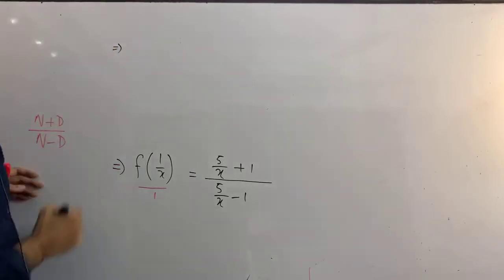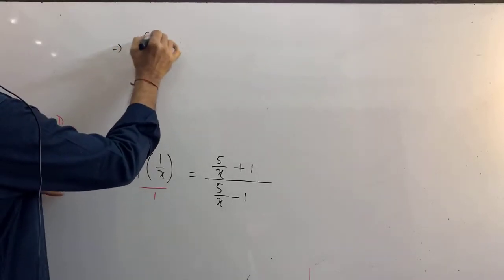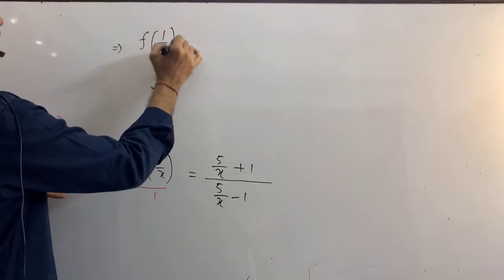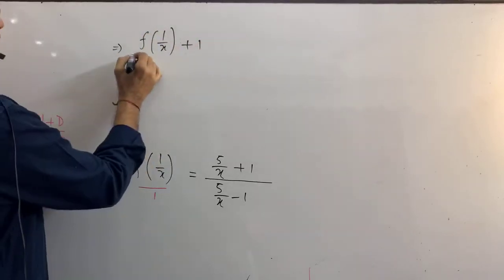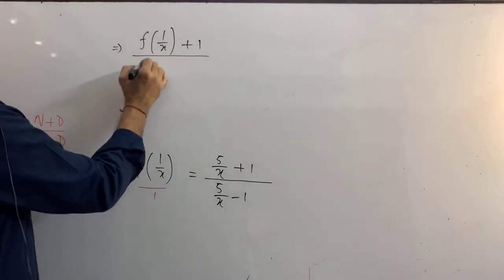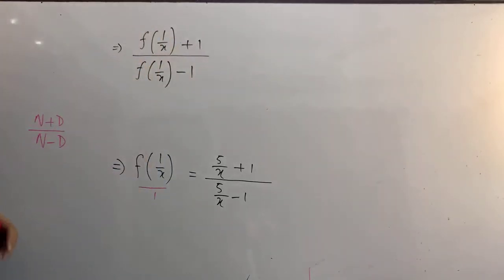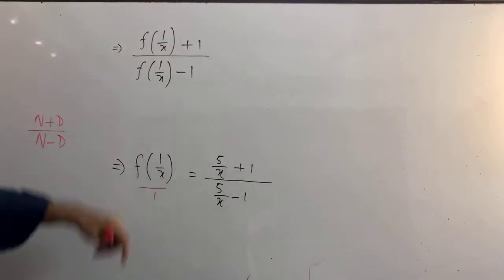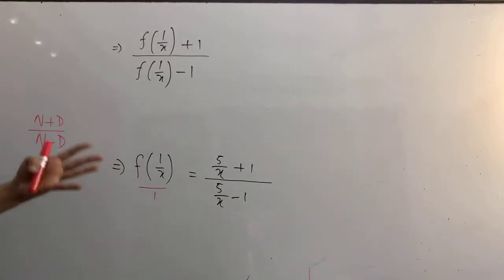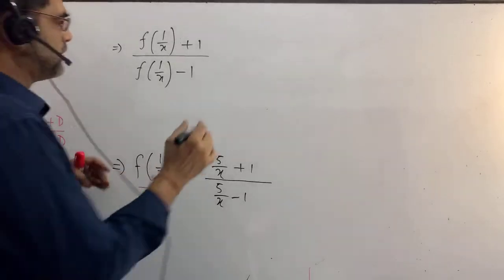Write down f of 1 by x plus 1 by f of 1 by x minus 1, okay, n plus d by n minus d, okay, is equal to.